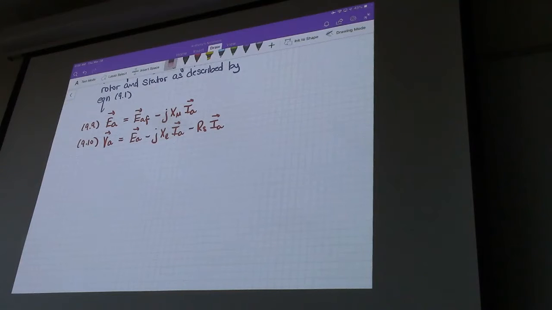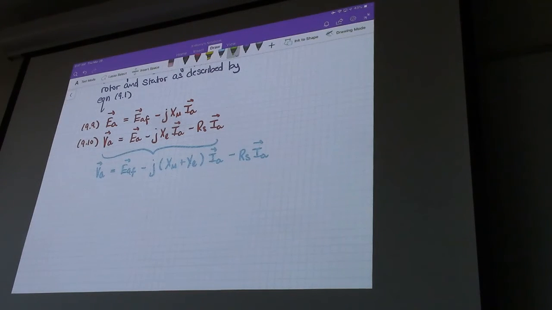And then there's a third version of this where we could say that VA is equal to EAF minus j(XM plus XL) times IA minus RS IA. Let's just combine the two equations together.